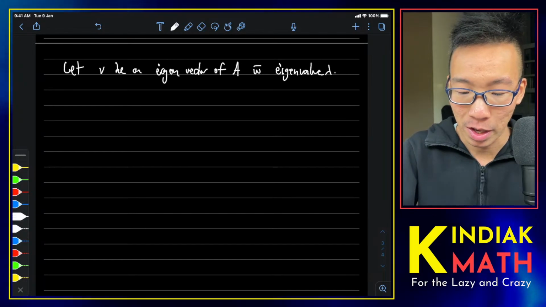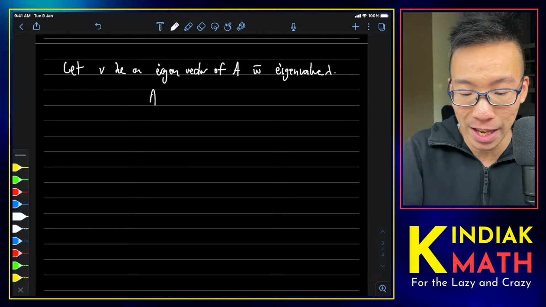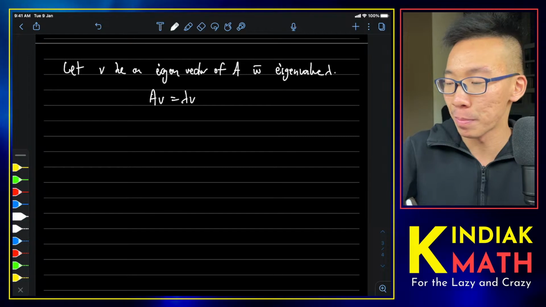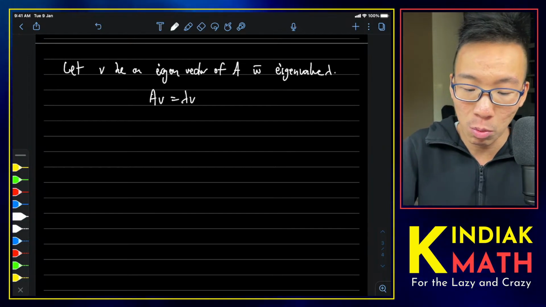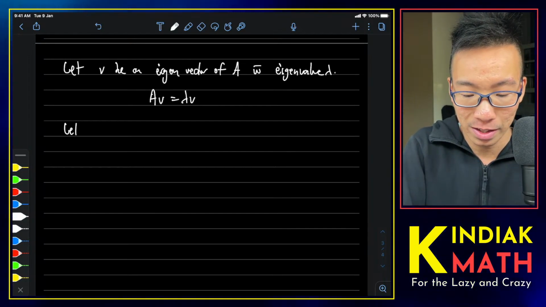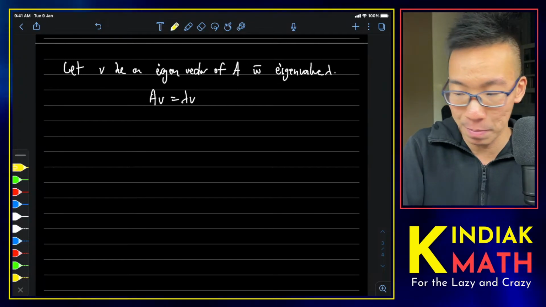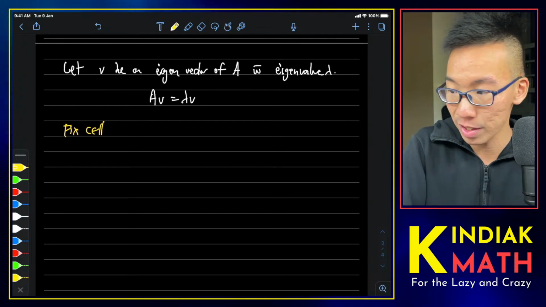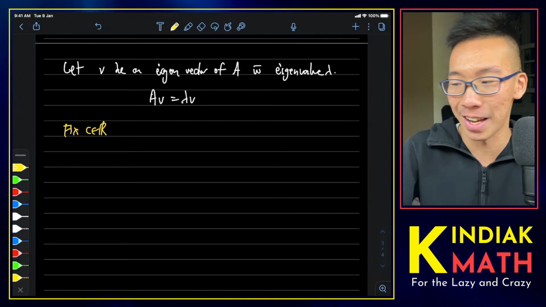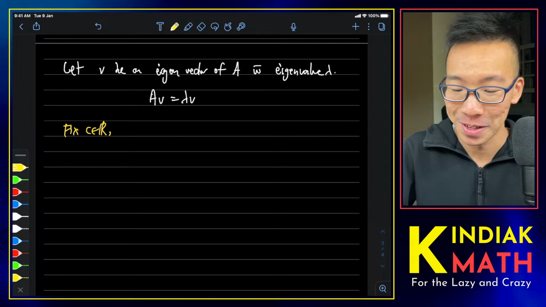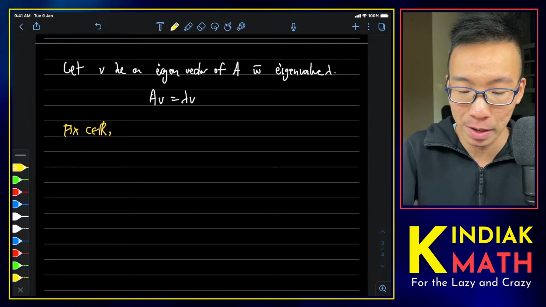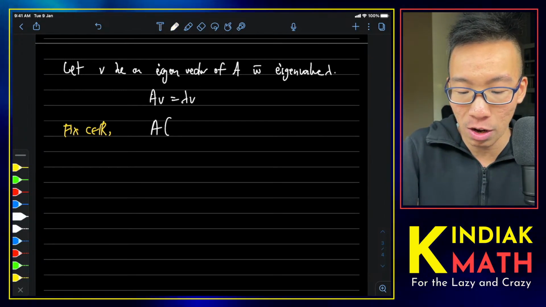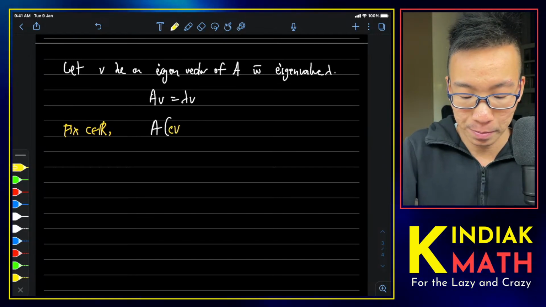So let's take a look. This means that AV equals lambda V. So what if I were to choose your favorite real number, fix your favorite real number. Aha, exactly, we've got closure properties in mind. If you have a real number C, what would be A of CV?